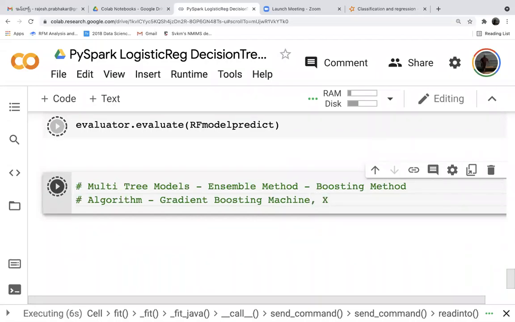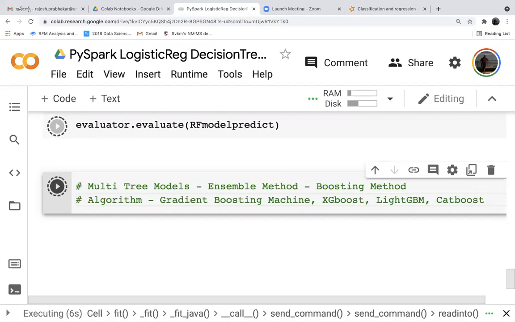We have XGBoost, which is extreme gradient boosting machines. We have LightGBM, light gradient boosting machines, and CatBoost. So there are different versions, but the basic algorithm is gradient boosting machines.